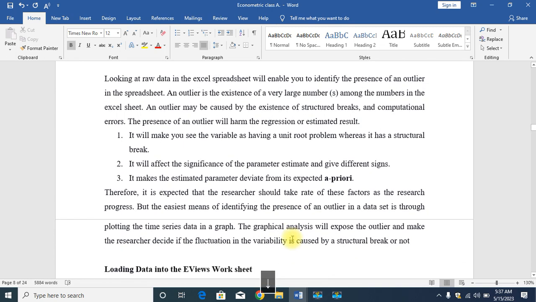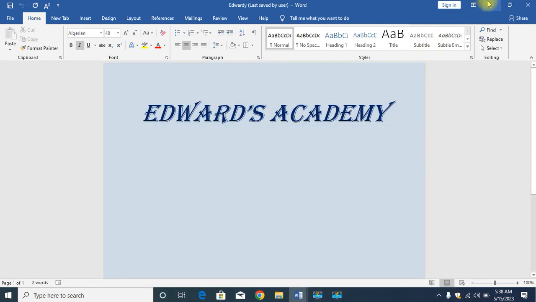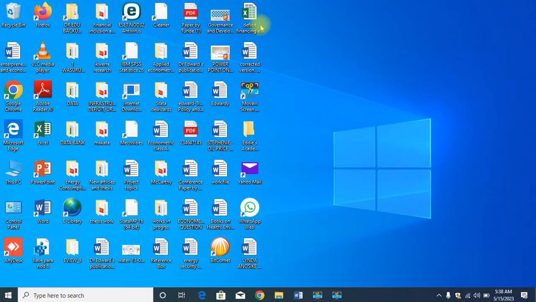So basically, this morning we are expected to view a data set in Excel to enable us know how an outlier looks. We also do a minor graph to enable us know how an outlier will appear in a graph. Let's go to a data set. Let me show us what a data set actually looks like. For instance, this is my desktop.